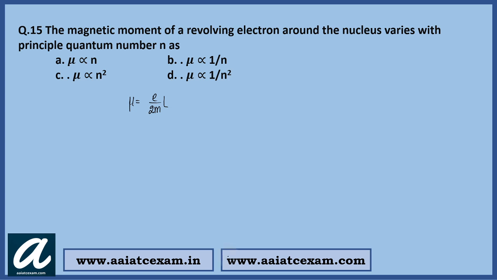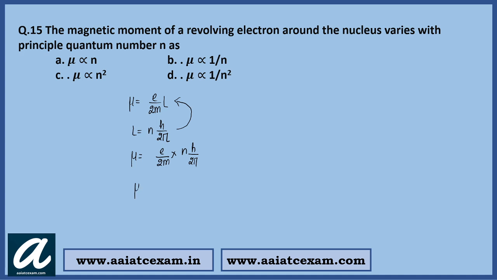And from the angular momentum quantization condition, you know that L is always equal to an integral multiple of h upon 2 pi. So students, if I substitute this value here, the dipole moment will be equal to e by 2m into n h upon 2 pi.